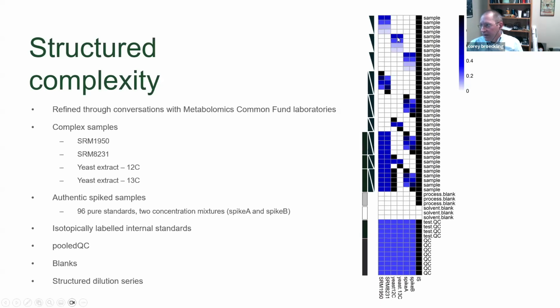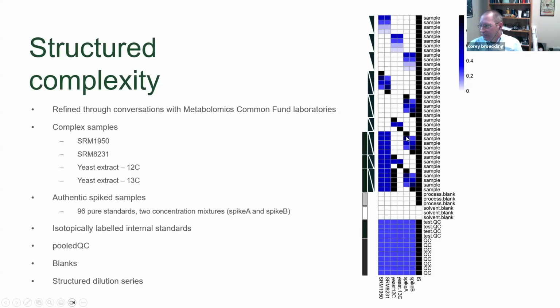We did this with all of the reagent pairs. So you'll see dilution series for the yeast, C12, C13. You'll see dilution series for the 96 mix. But you will also see blocks where, in this case, the samples, the SRM 1950, 8231 are both constant at 50% each.